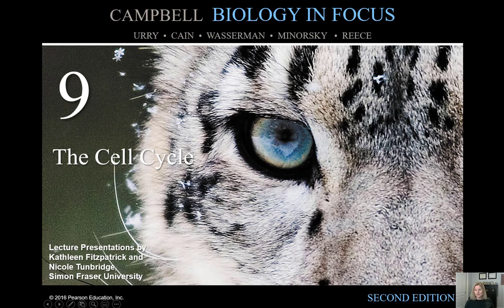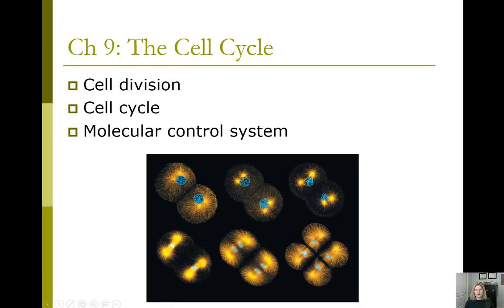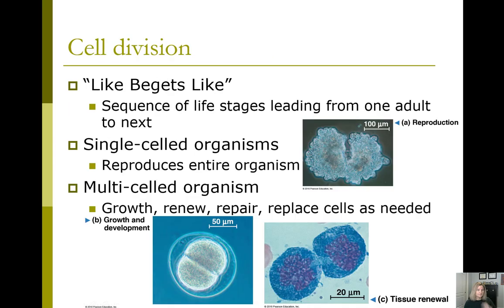So in Chapter 9, again, we're going to take a closer look at cell division, which we started talking about last week, and then focus in on the cell cycle and molecular control systems. This is a little bit of review. We already talked about how life begets life. We have this sequence of life stages leading from one adult to the next.